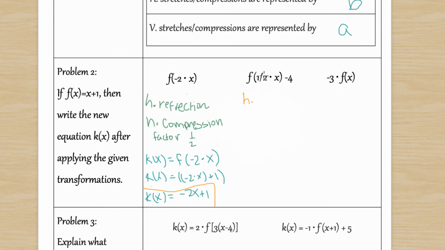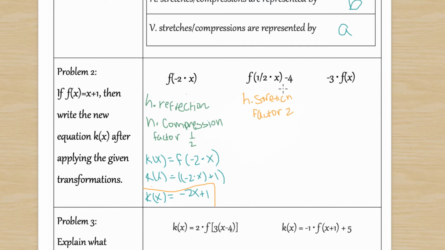So the reciprocal of 1/2 is equal to 2. So it's going to be a horizontal stretch by a factor of 2, because 2 is greater than 1. So basically anything less than 1 is going to be a compression, and anything greater than 1 is going to be a stretch. So this one is a horizontal stretch by a factor of 2.